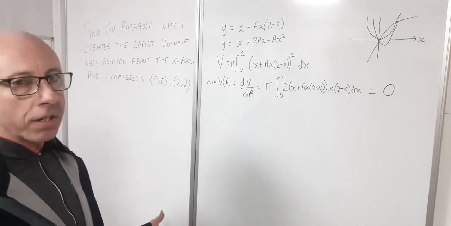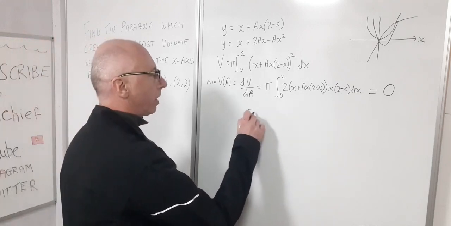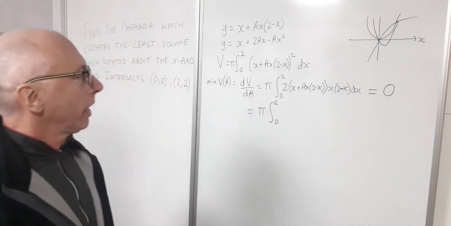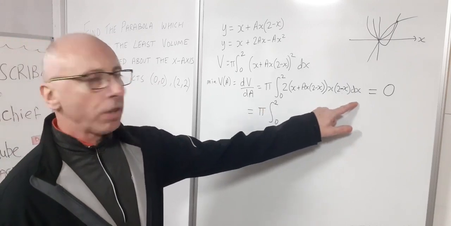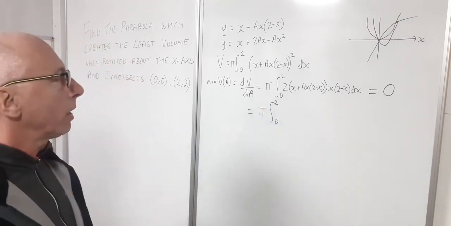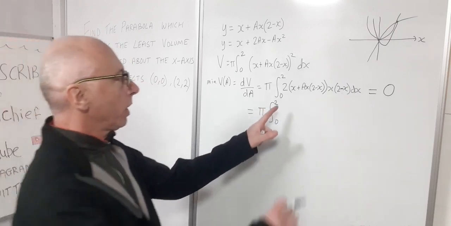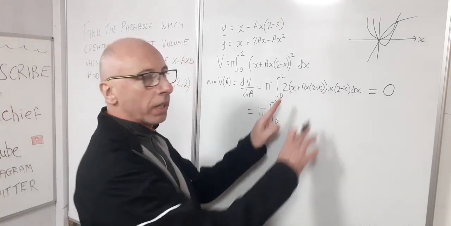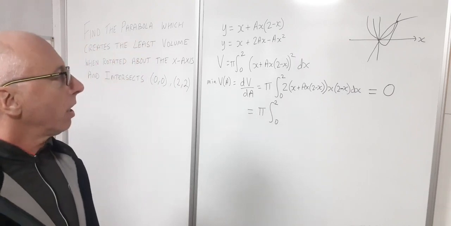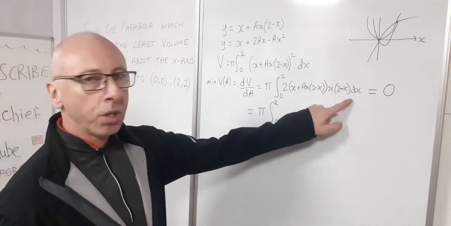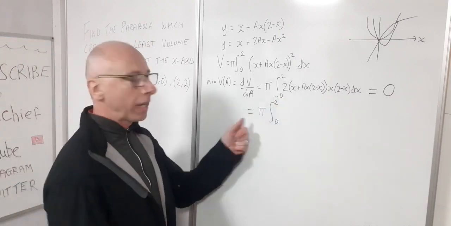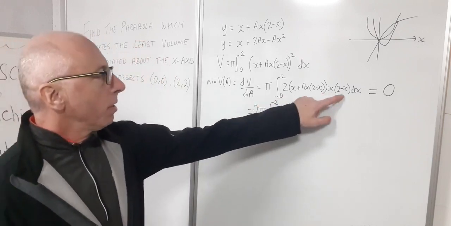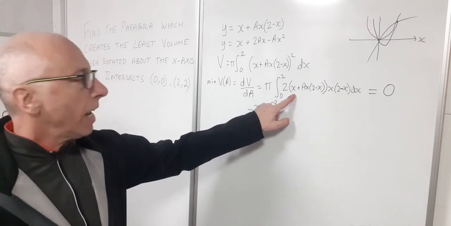Okay, let's do that. So now this equals pi with the integral from 0 to 2. To integrate this straight off is going to be a little bit awkward. So why don't we take this term here and distribute it over what we've got in the brackets. It's all times 2, which is a constant multiple, so I'm going to bring that out to the front with the pi. And then I've got this term here, which I can distribute with this x.